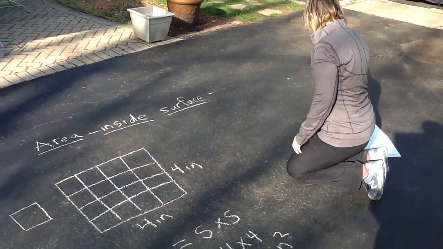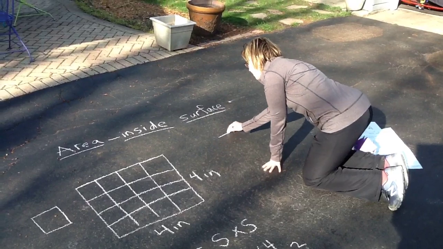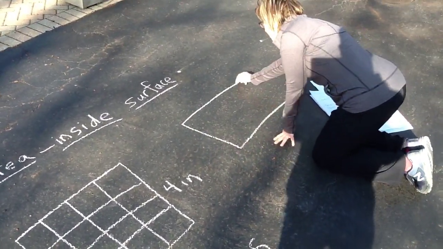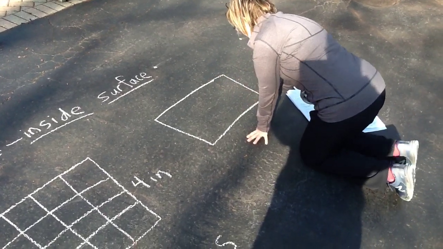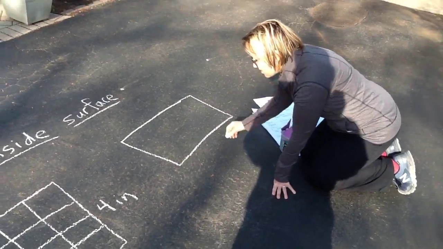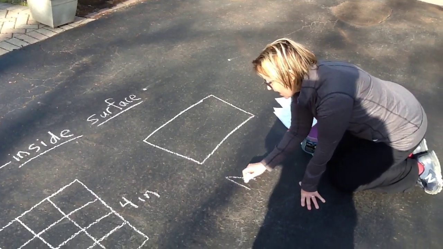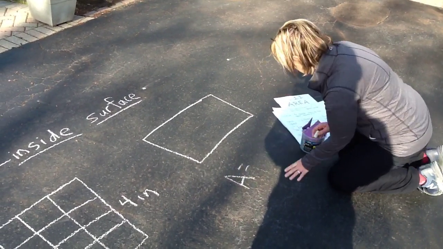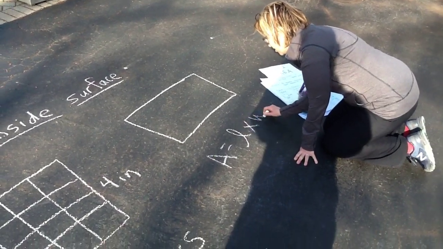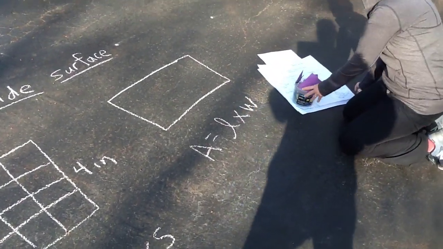All right, moving on from there, we're going to look at a rectangle. A rectangle has a similar formula to a square, except now we call this the length and this the width. So the formula is A equals L times W, which means length times width.